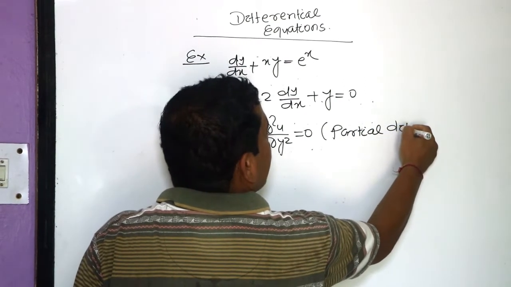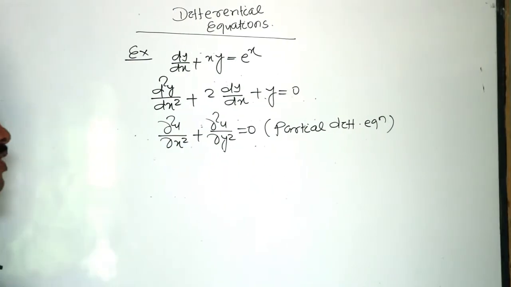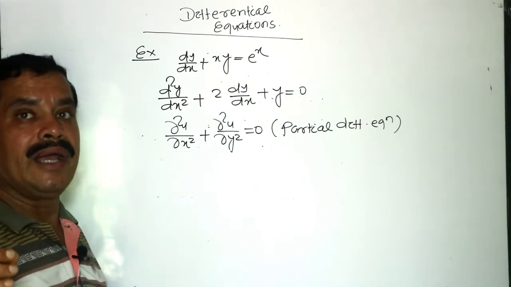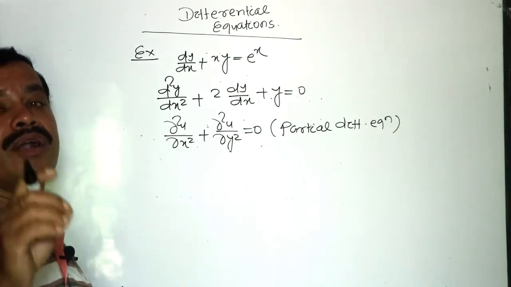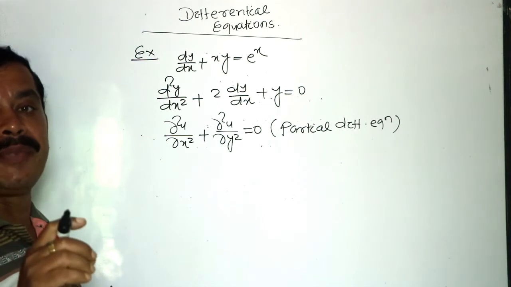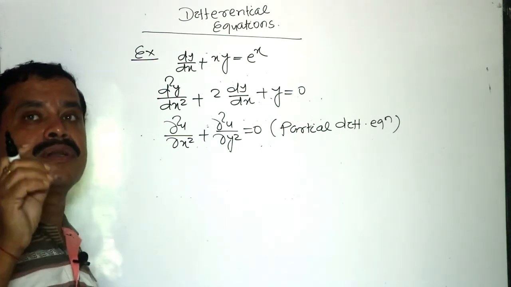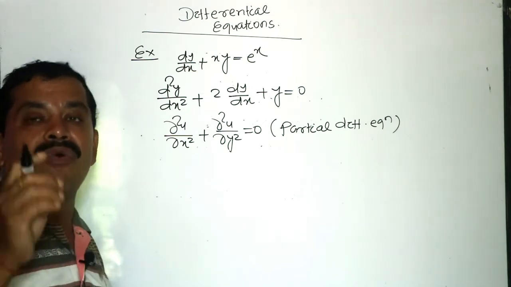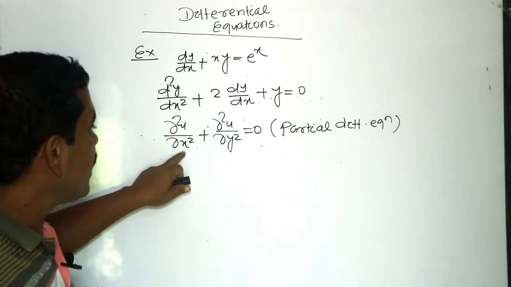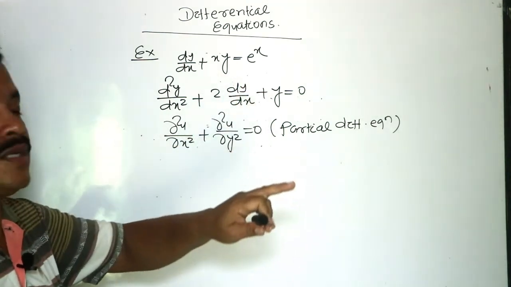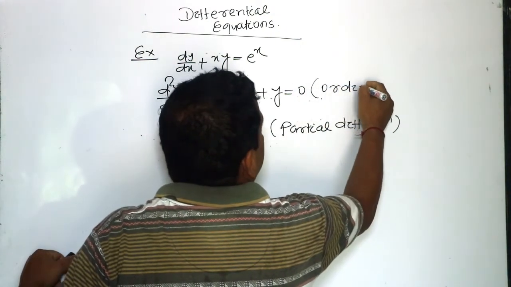Differential equations are of two types. One is ordinary, another is partial. If the differential equation contains one independent variable, that is ordinary. If it contains more than one independent variable, that is partial. This is a partial differential equation, but this is an ordinary differential equation.